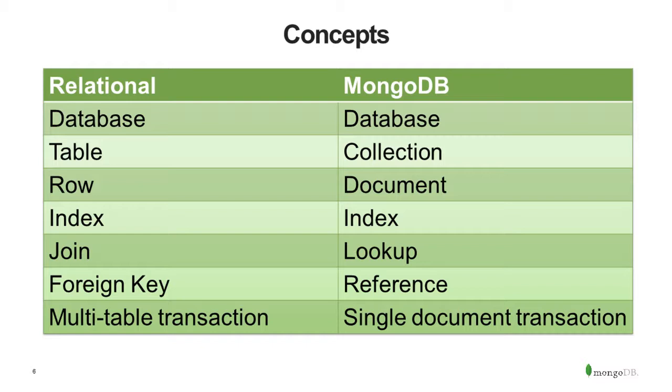So let me just remind you of the way that we map from the relational world you know to the MongoDB world. Well, MongoDB has databases just like relational, and you create them and delete them and manipulate them with a language pretty much like SQL. In MongoDB, we have collections instead of tables.